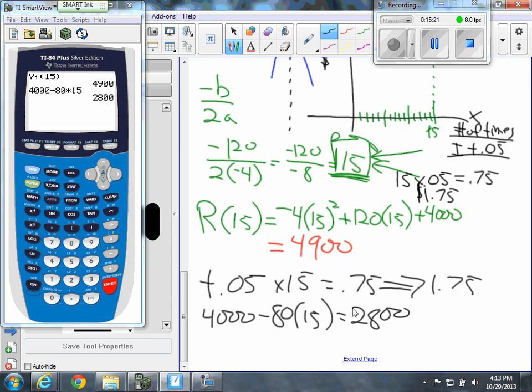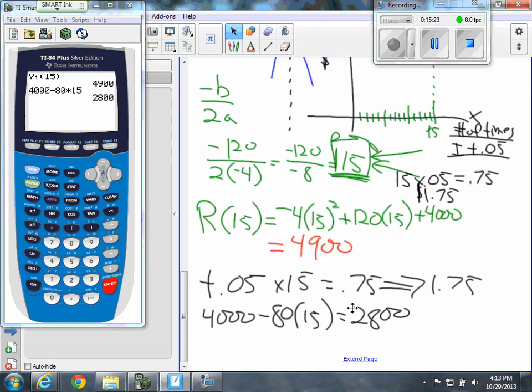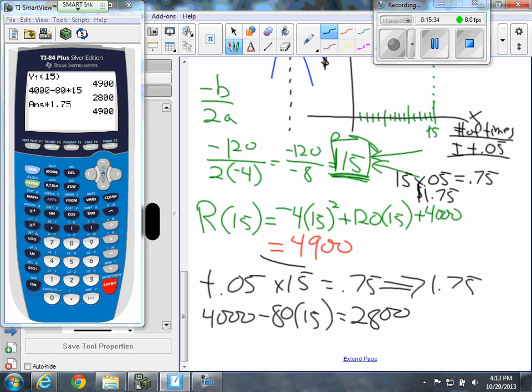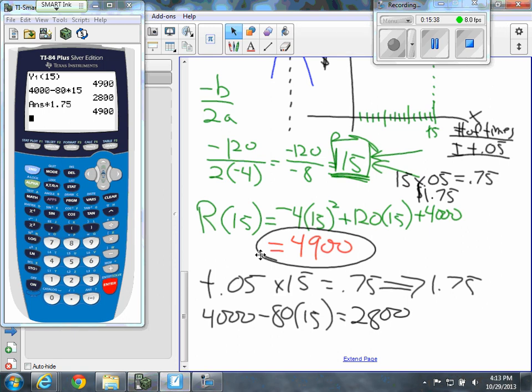I'm selling a lot less songs, but at a much higher price. For a total revenue, 2,800 times 1.75, and I get 4,900, which was the total revenue that I calculated when I evaluated the function at 15. So I hope you're seeing how these things are all tied together. Let's see if we can look at it on a graph.